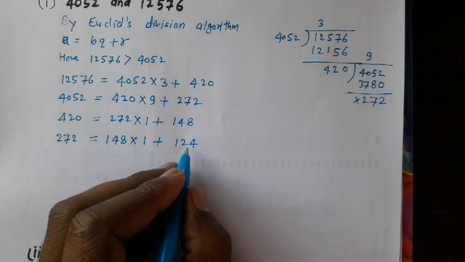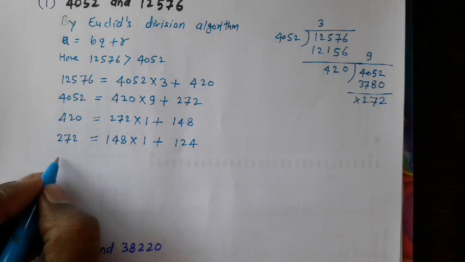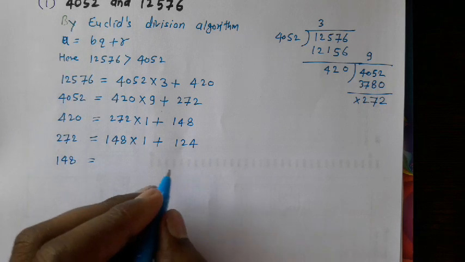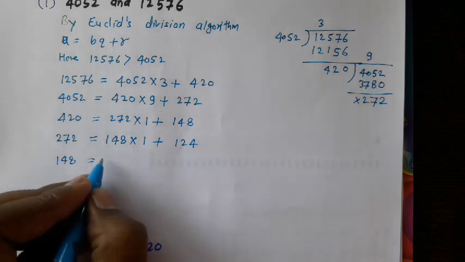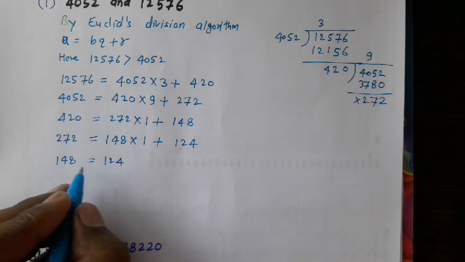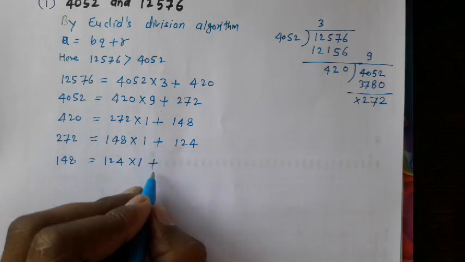Again the remainder is not 0, we continue this process. This will be 148 equals, 124 will be the divisor. Now 148 divided by 124, the quotient will be 1 plus remainder.